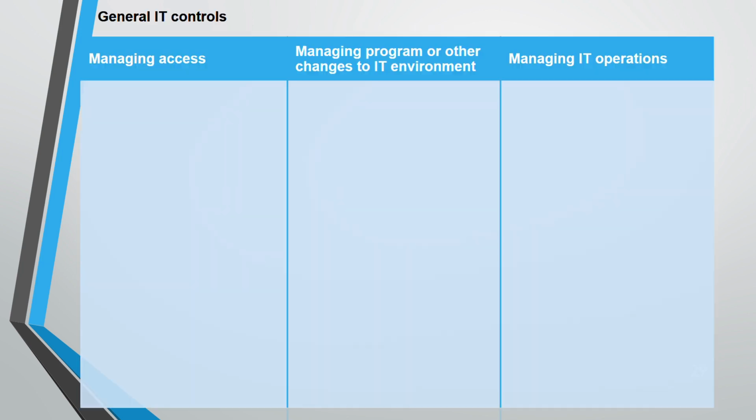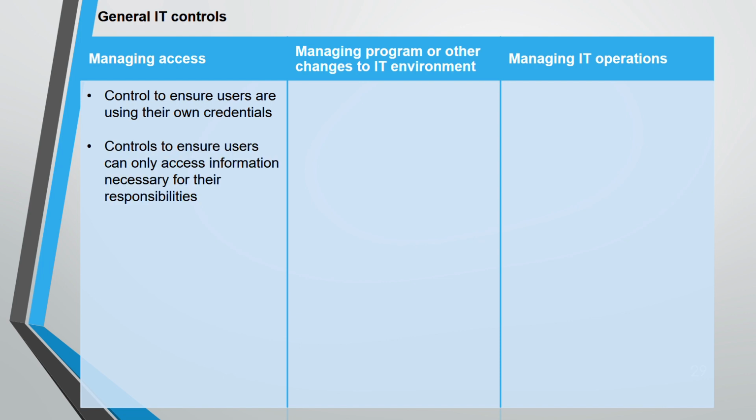Now, we know the risks. What about the controls? These are some general IT controls, which are divided into three parts. First, you manage access. How? You might give each user their own credentials. Or you can make sure that users only access information that is necessary for their responsibility.